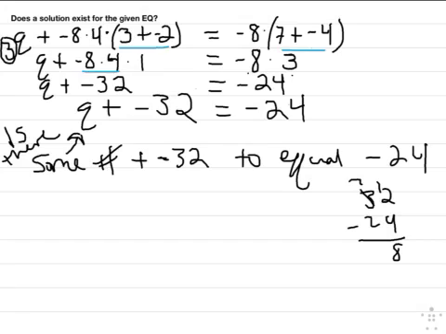So 8. And that's not the actual way that you will end up doing it, using algebra, applying the inverse operation, and so on. We'll get there later. But really, we just think about this and say, okay, if I add positive 8 plus a negative 32, we get negative 24.